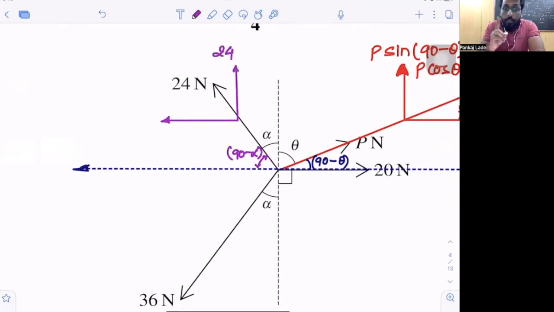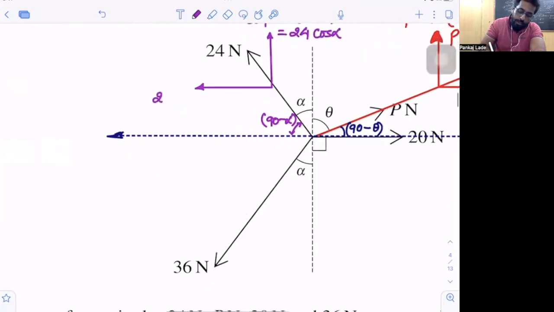So the vertical component is always the sine component. So 24 sine of the inclination with the horizontal line, that's 90 minus alpha. So this simply comes out to be 24 cos alpha. And the other component is going to be 24 cos 90 minus alpha. But you know that cos of 90 minus alpha is going to be sine alpha.